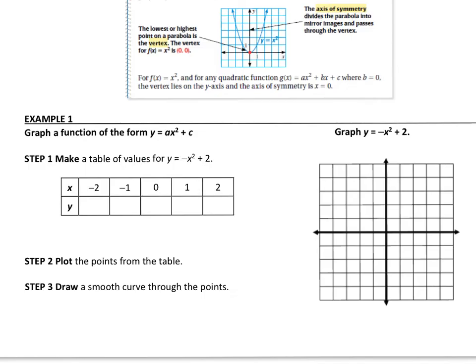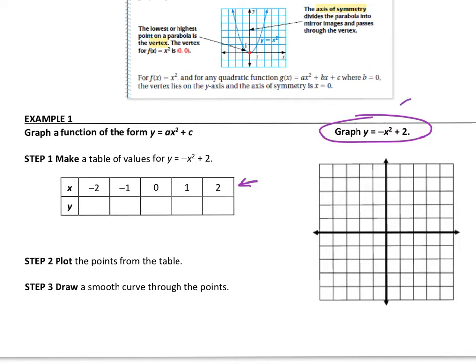Alright, let's get down to doing some graphing. So we're going to take a look at this function. They have asked us to graph this. So to graph it, I want to plug in the values that they've given me for x. So I'm going to plug in -2, -1, 0, 1, and 2 into the function. But before I do that, let's take a look at what the graph should look like.